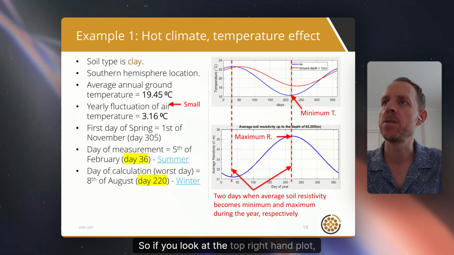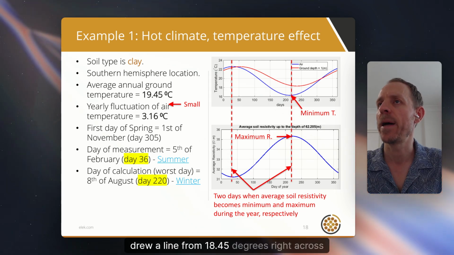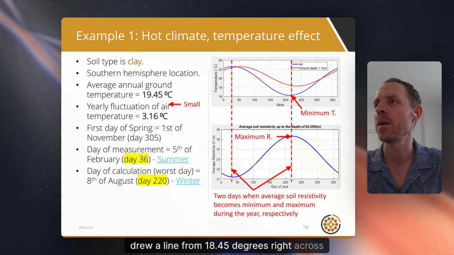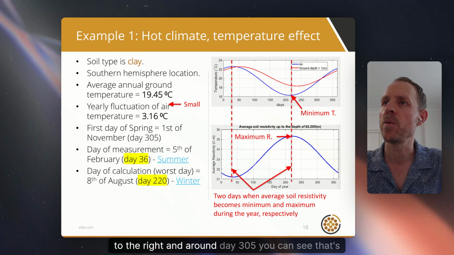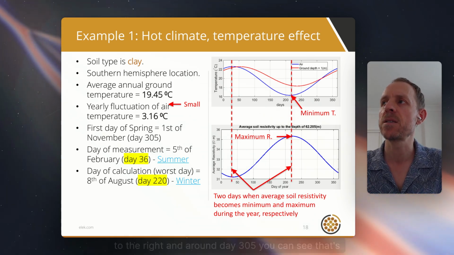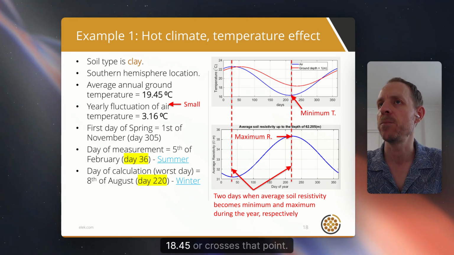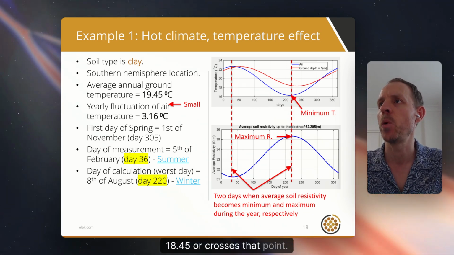So if you look at the top right-hand plot, if we drew a line from 18.45 degrees right across to the right, around day 305 you can see that's the point where air temperature is above 18.45 or crosses that point. That's the first day of spring.